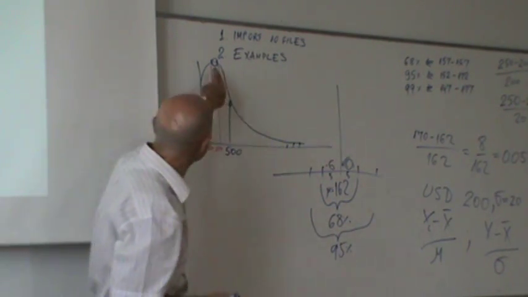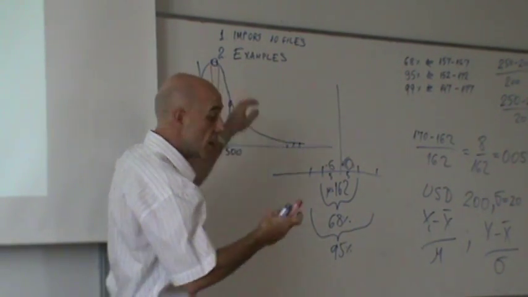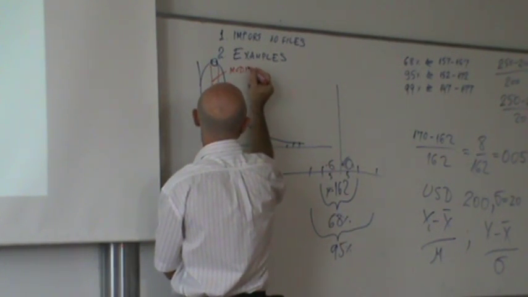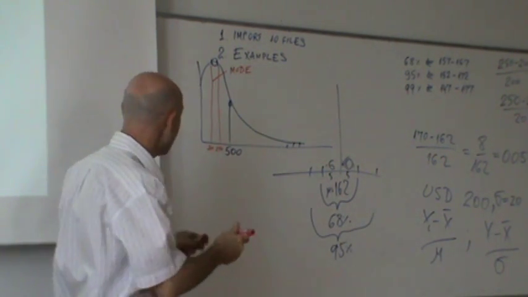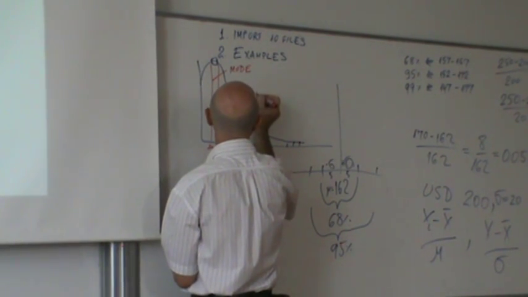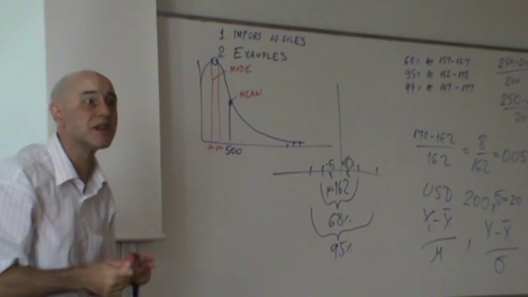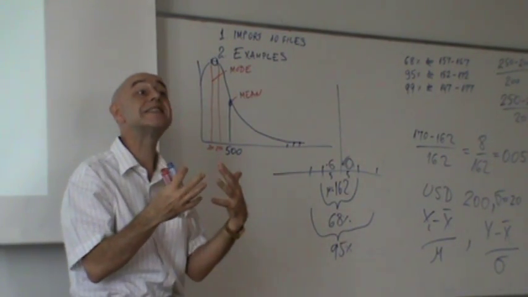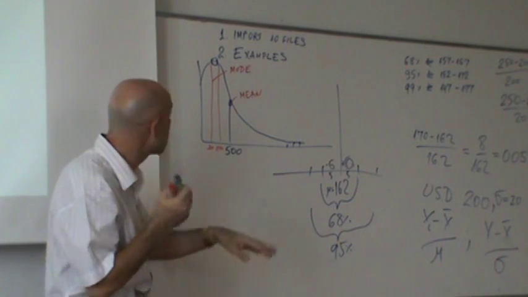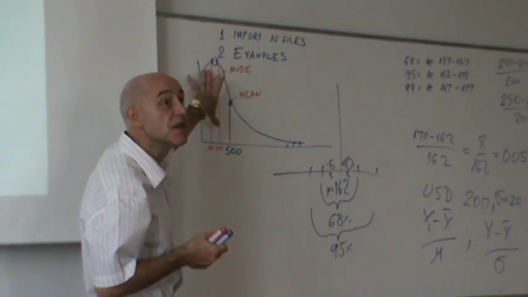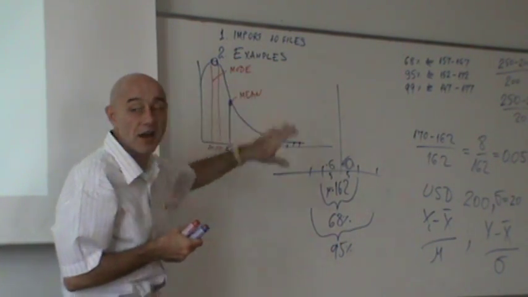So this will be representing the mode. And this will be representing the mean. In other words, the distribution is not quite symmetric. We say the distribution is skewed. In this particular case, skewed to the left.